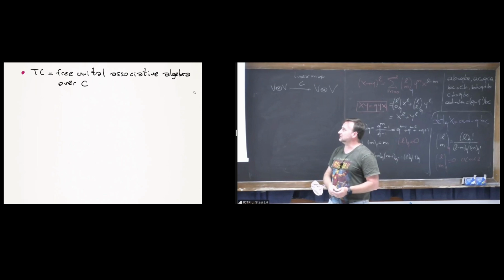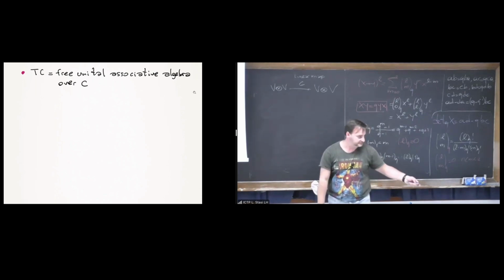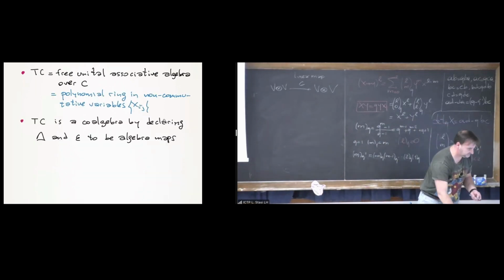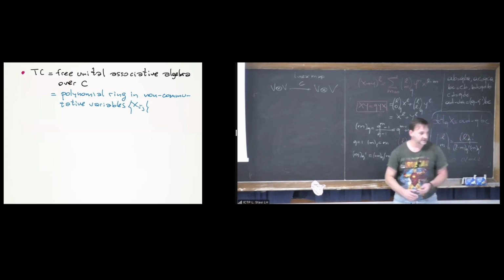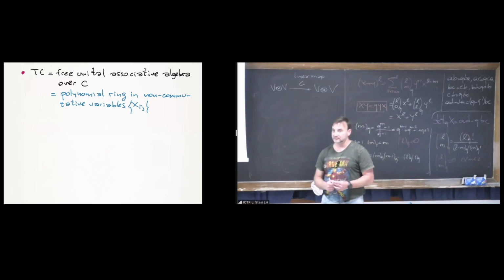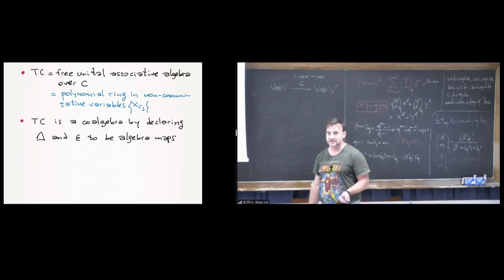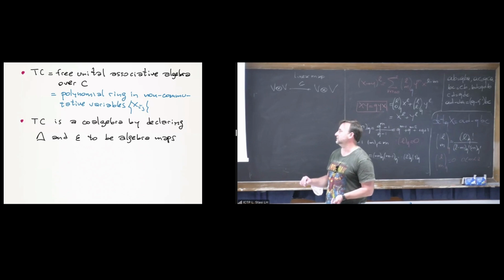What is that? The tensor algebra. Yeah, this is just the tensor algebra. It's the polynomial ring of non-commutative variables. And it's a coalgebra by declaring delta and epsilon to be algebra maps. And everything is done as I did. So how do you compute the comultiplications?